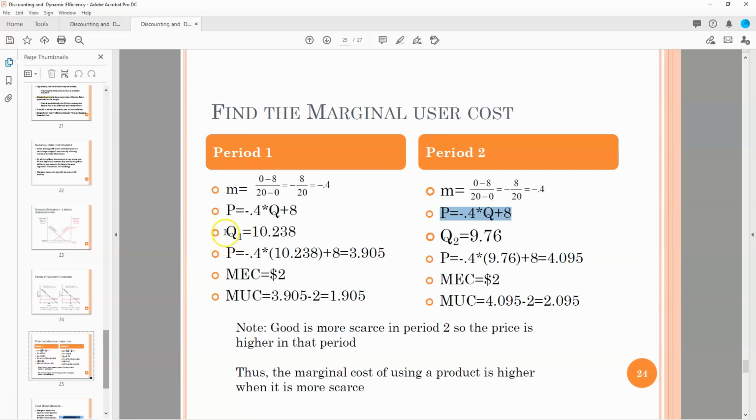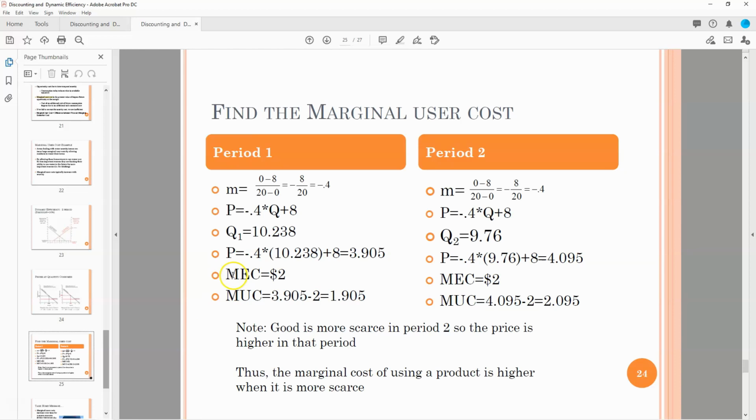And in period 1, suppose we consume this amount, and in period 2, we consume this amount. Then we plug these amounts back into the equation, and we get the corresponding prices. The corresponding price for period 1 is equal to 3.905, and the corresponding price in period 2 is equal to 4.095.